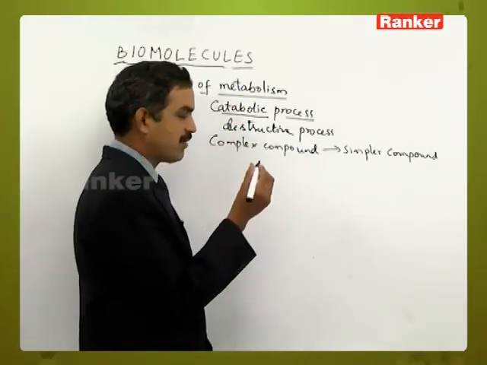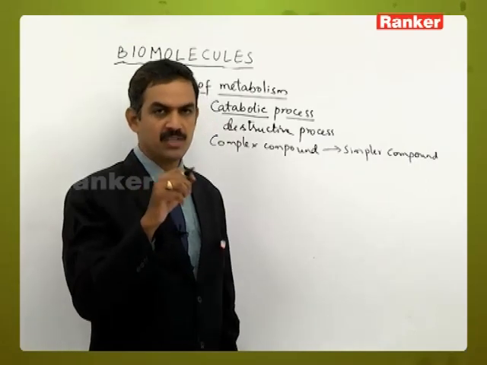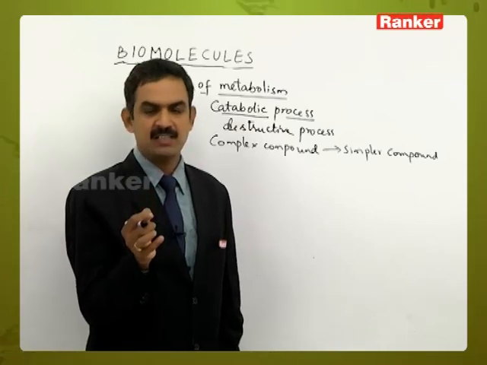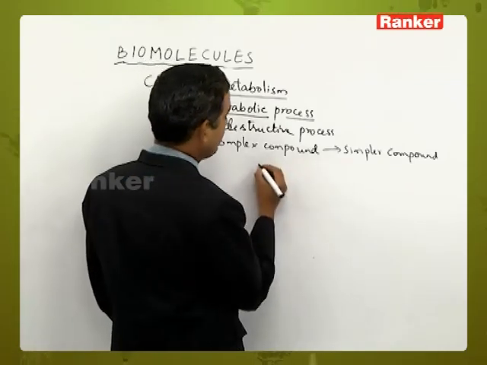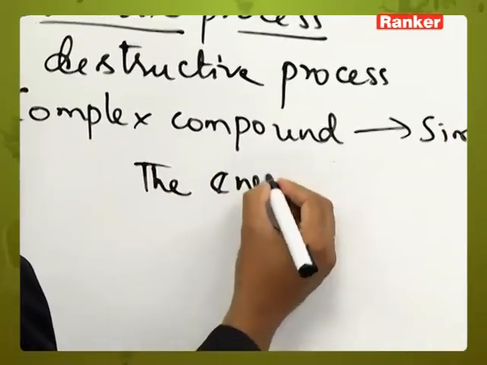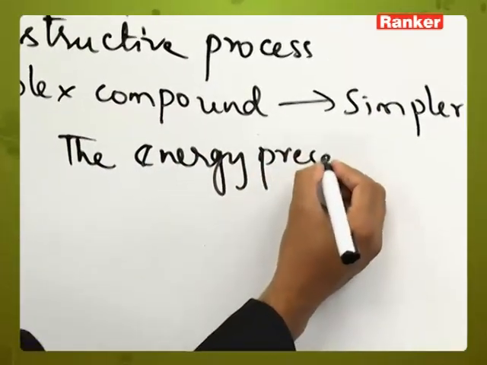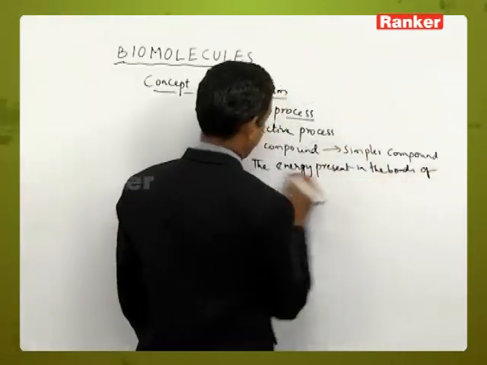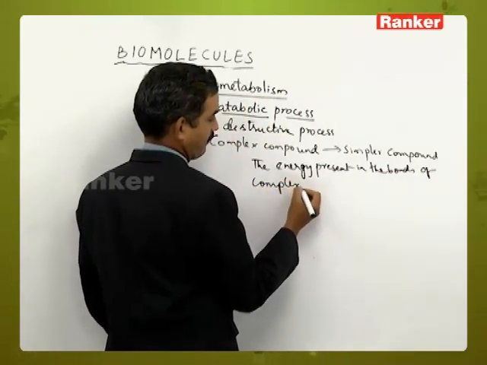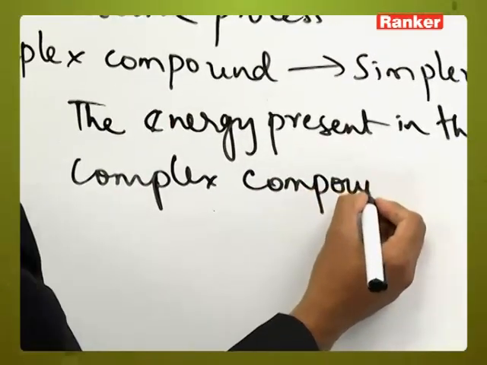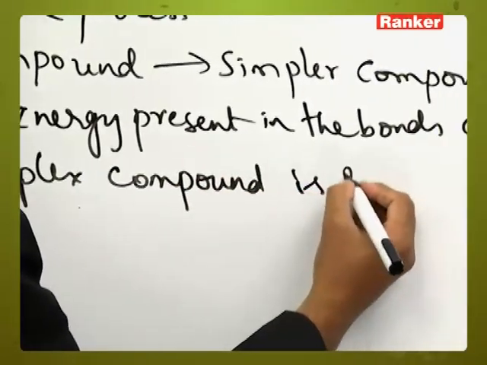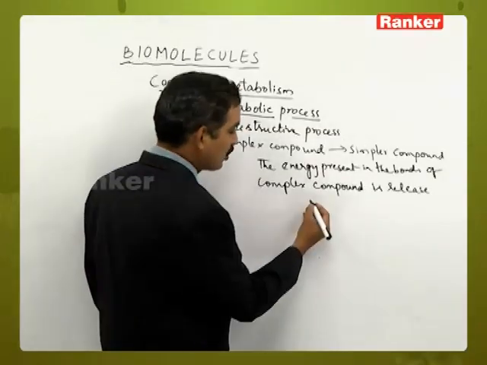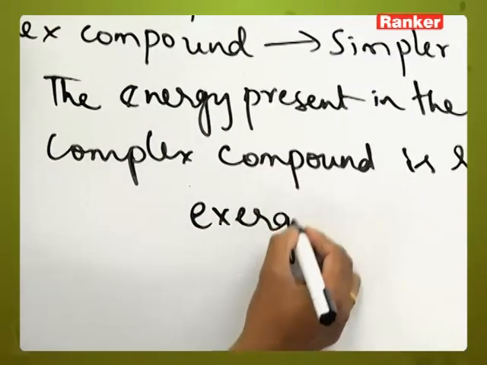In this process, the energy present in the bonds of the complex molecule is released outside when that bond is broken. So that energy is released, and we call it an exergonic reaction.